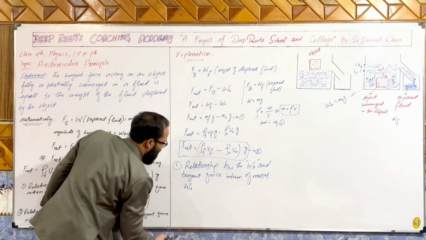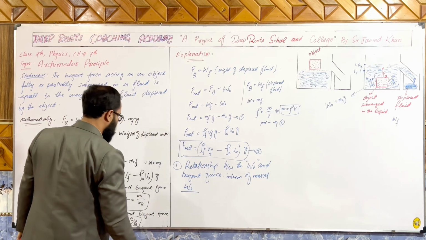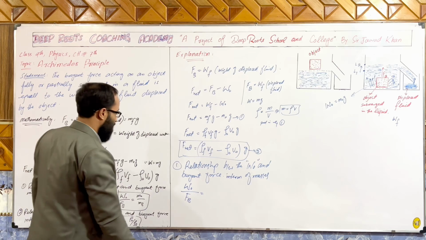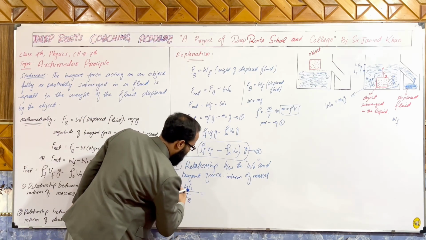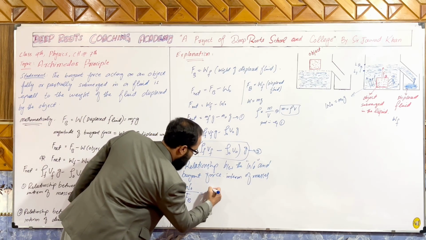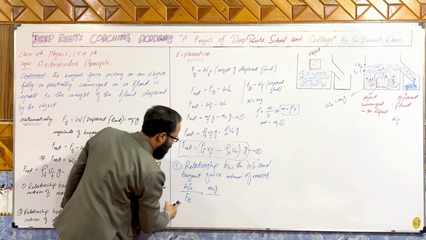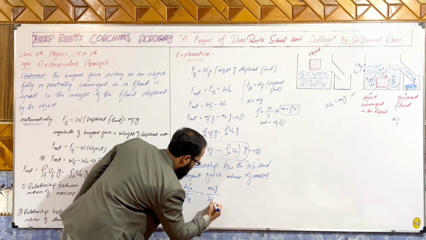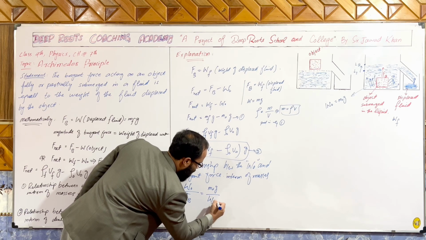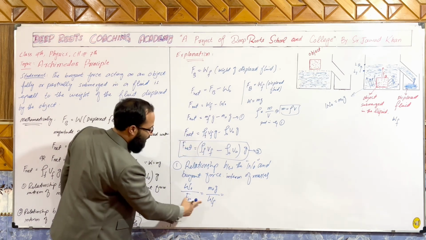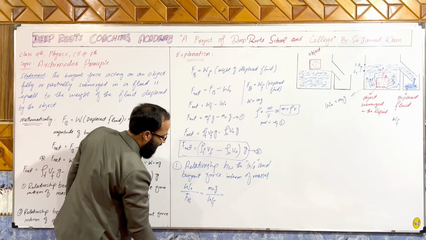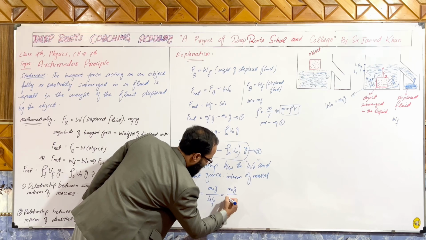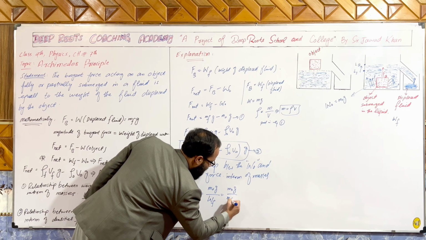So the ratio of the weight of the object with the buoyant force will be equal to, the weight formula is mg, so this is mog, and you know that the buoyant force is due to the weight of the fluid. So instead of Fb, I can write Wf, and instead of this Wf, I will put mfg.